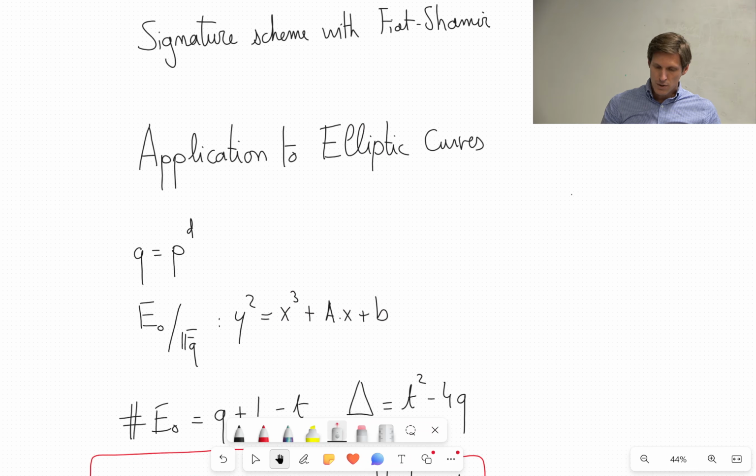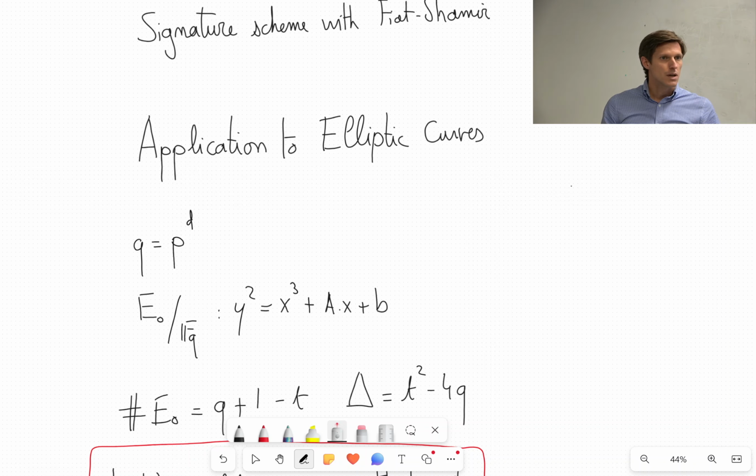Now, how does that relate to elliptic curves? We'll see what kind of groups and what kind of curves, but this framework can be thought of as an instantiation of a more generic framework of hard homogeneous spaces.